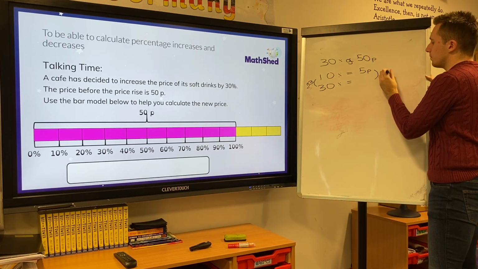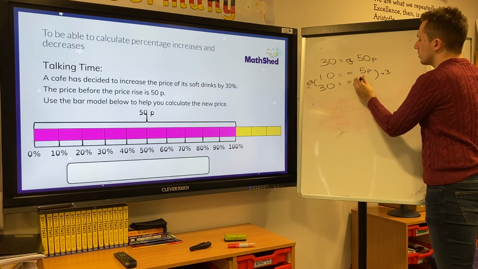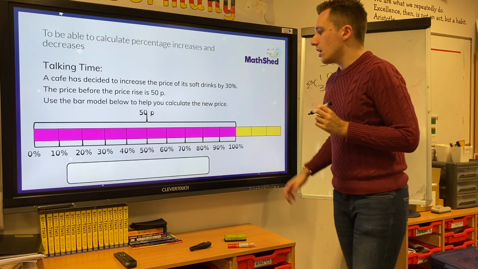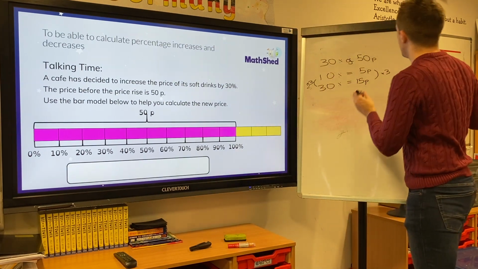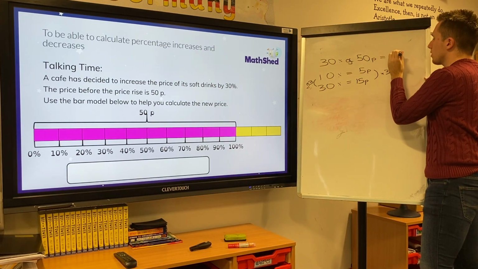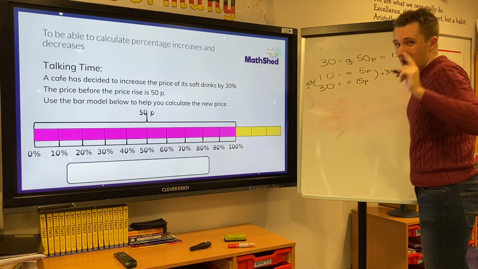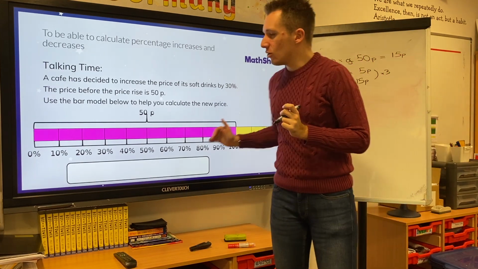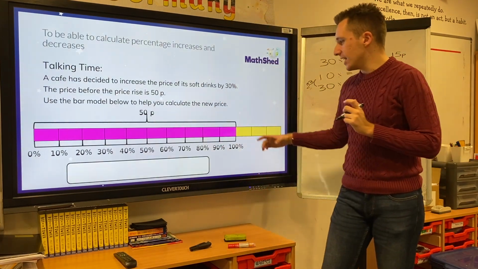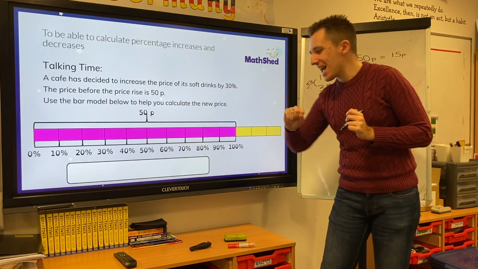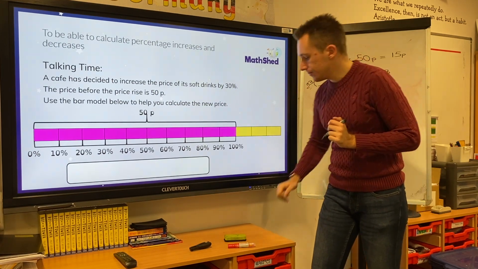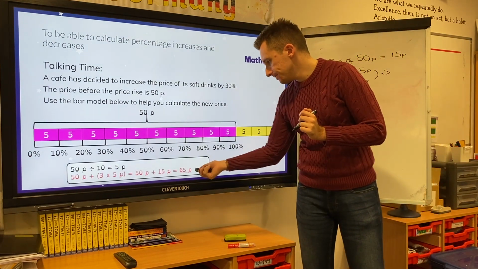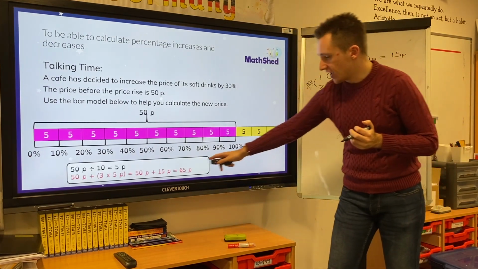I do the same on this side, which would be 15 pence. 30% of 50p equals 15 pence. That's step 1. Step 2, we either need to add it or take it away. We are adding it, so we do 50p, add 15p, like so, 65p.